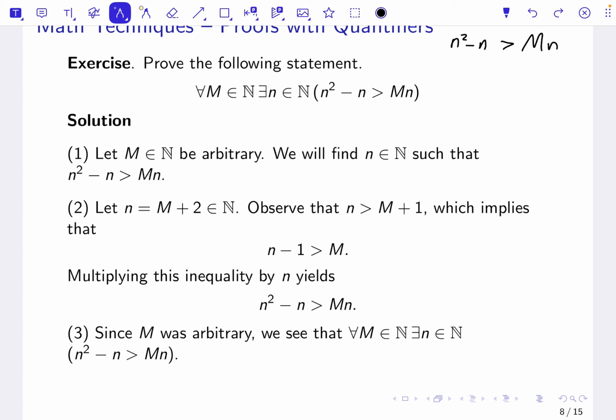So I'm just going to pick away at this. Maybe I'll factor out n. This is looking a bit nicer. Maybe I'll divide both sides by n. This is looking a lot nicer. And add 1 to both sides.